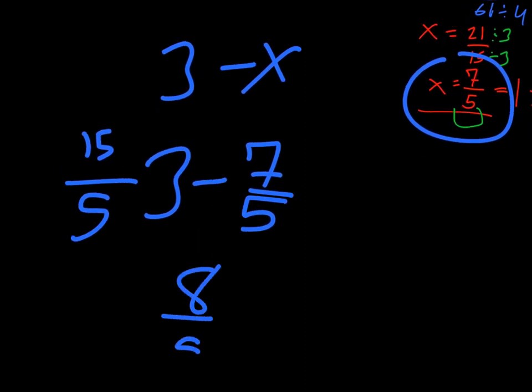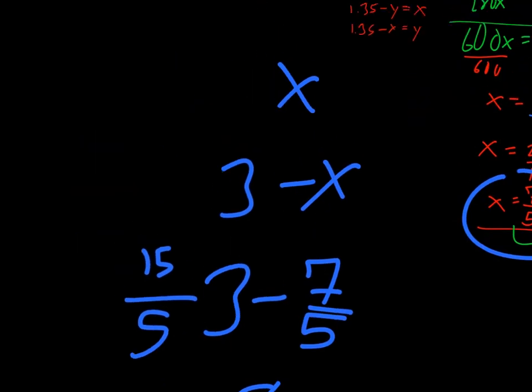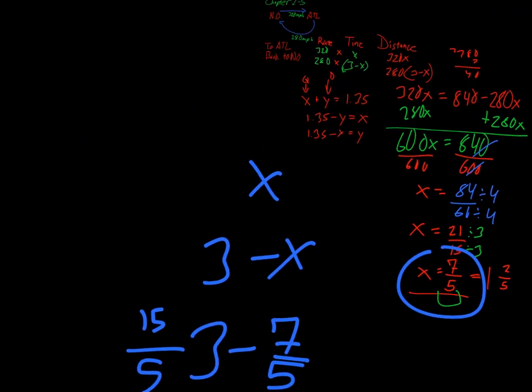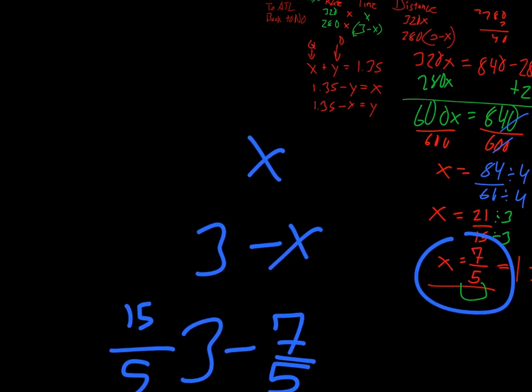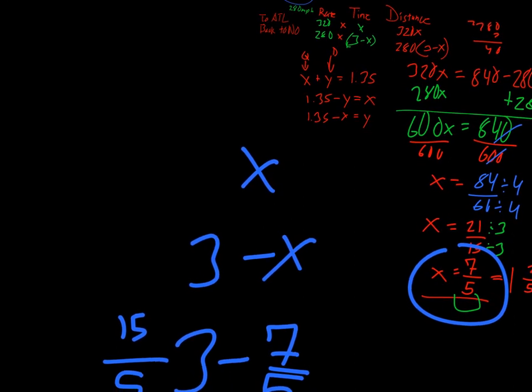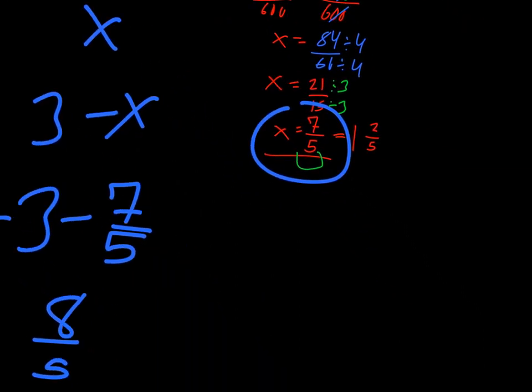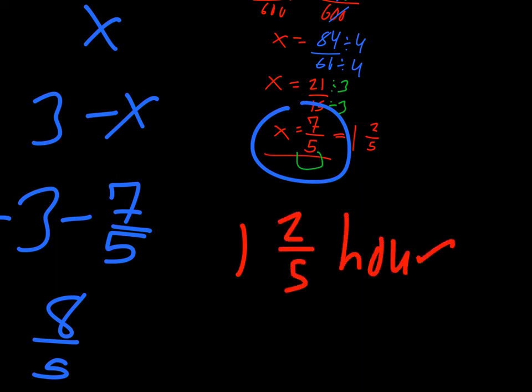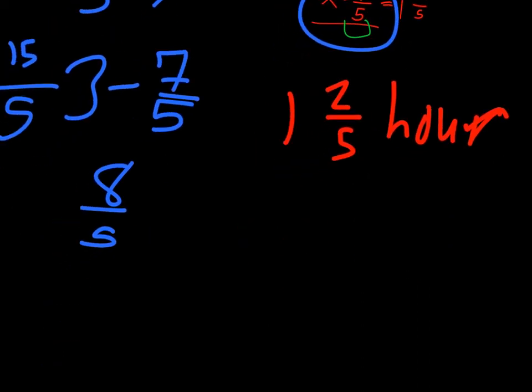So the trip from New Orleans to Atlanta was 7 over 5, so 1 2/5 of an hour. And the return trip was 1 3/5 of an hour.